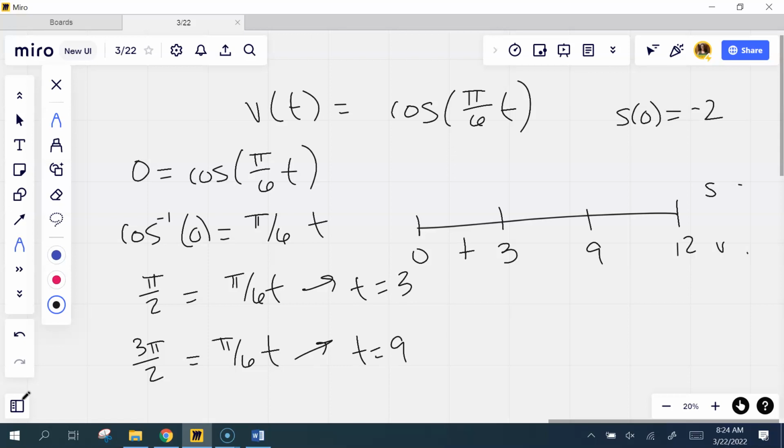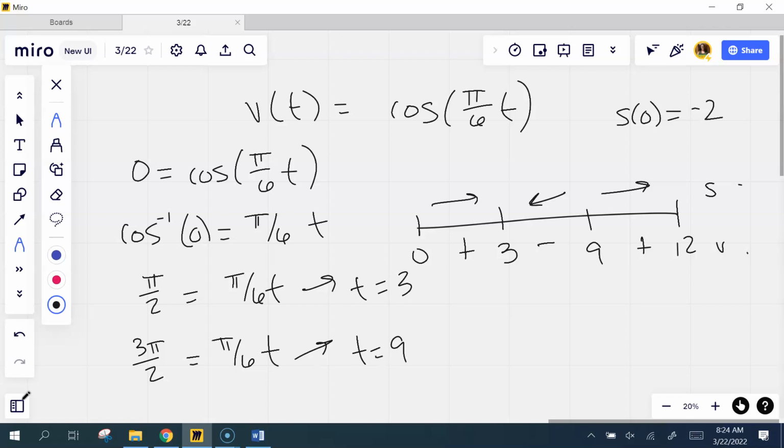It's positive. So I'm moving to the right. Between 3 and 9, pick a random value that works. I might pick 6, that's an easy one. It's negative. And then between 9 and 12, positive. So where is it moving to the left? 3 and 9. They didn't even ask for justification here.